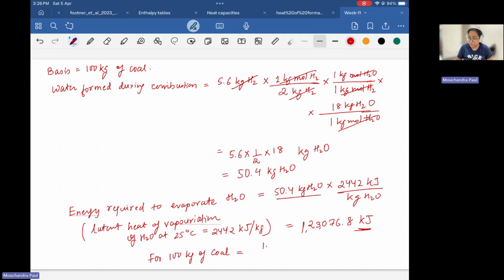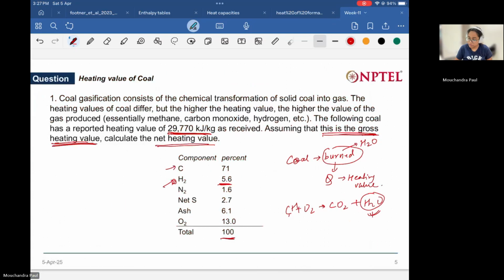So per kg of coal, the energy required will be this divided by 100 kg, so it should be 1230.77 kilojoule per kg. So we were given the gross heating value as this.